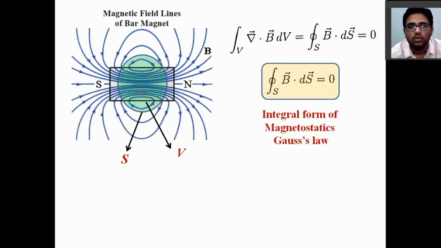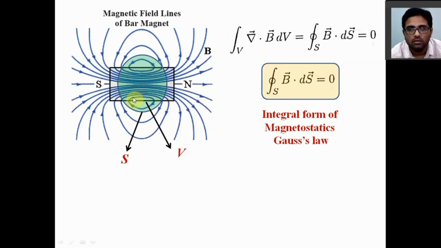So if we consider a closed surface S like this, which forms the volume V, then you can see whatever field lines are going inside this closed surface or volume come out from the other portion of the closed surface, right? So as a result, the resultant flux will be 0.